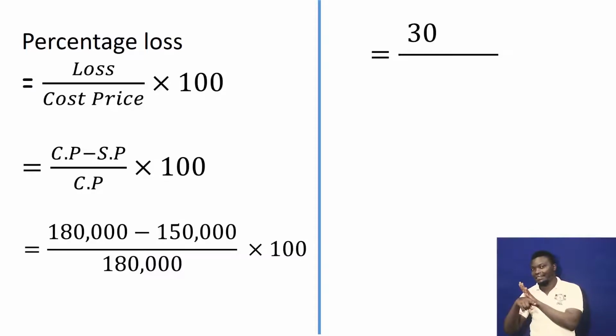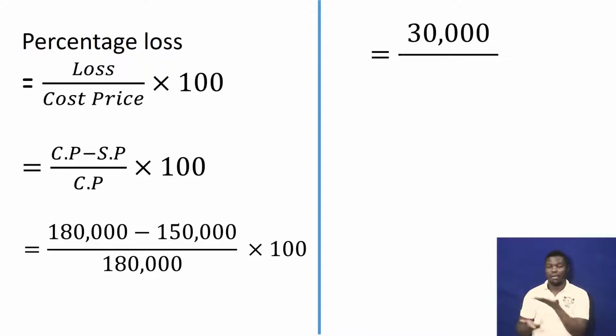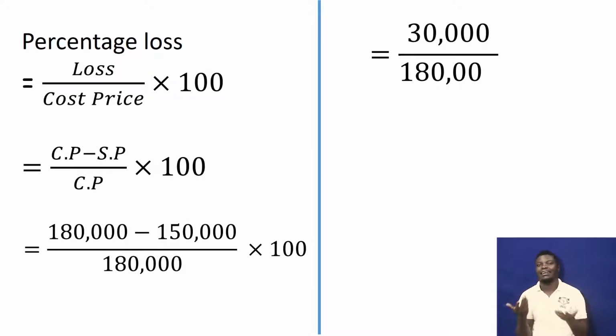So our percentage loss is going to be cost price minus selling price divided by the cost price times 100. And that is going to give us 180,000 minus 150,000 divided by 180,000 multiplied by 100.